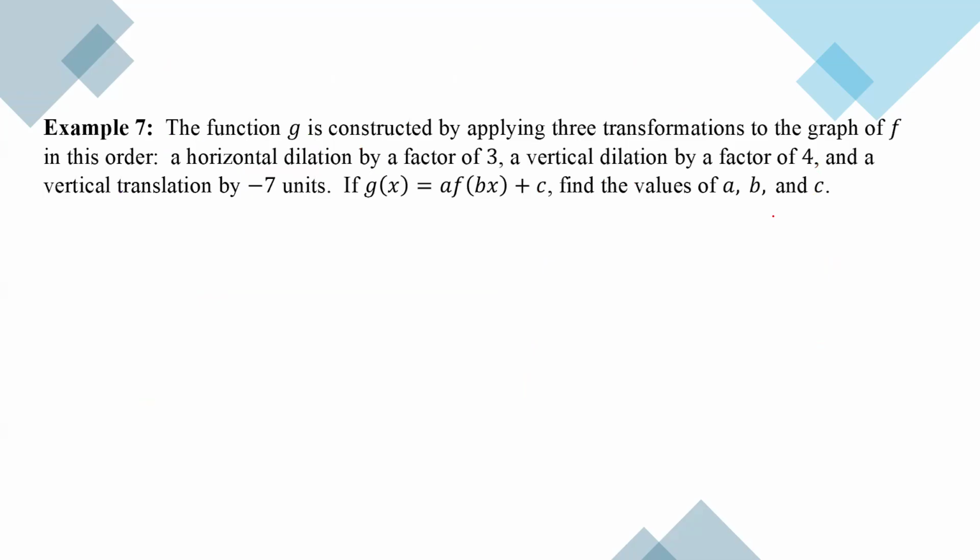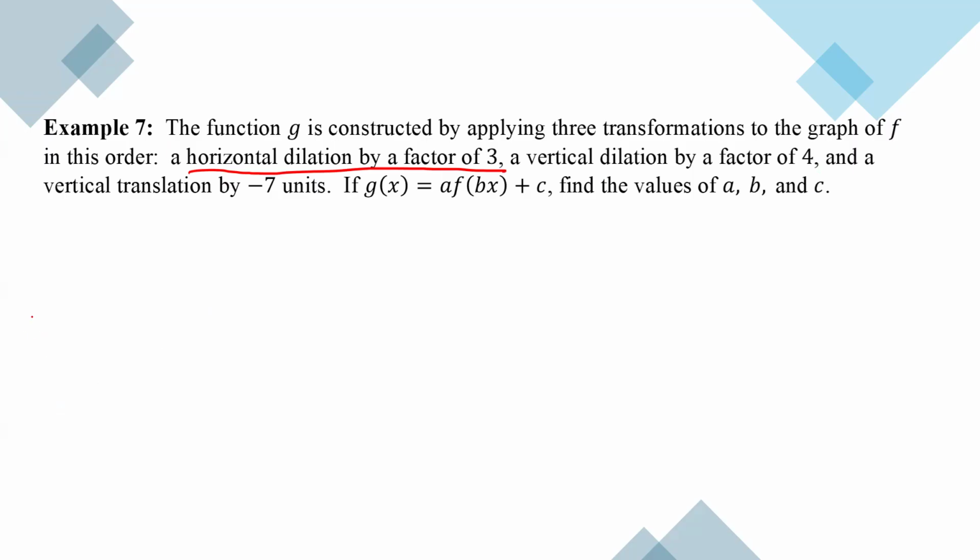All right. The function g is constructed by applying 3 transformations of the graph. We want a horizontal dilation by a factor of 3, a vertical dilation by a factor of 4, and a vertical translation by negative 7 units. What is our equation? So horizontal dilation, what variable is that?